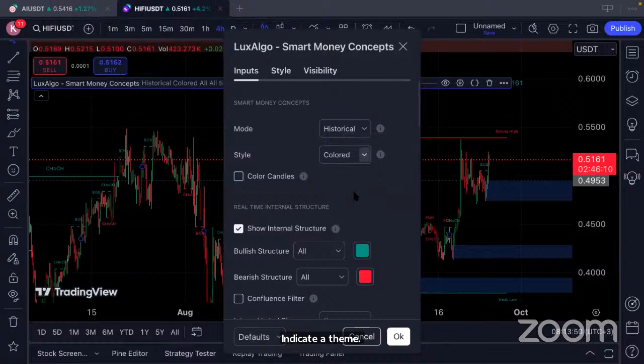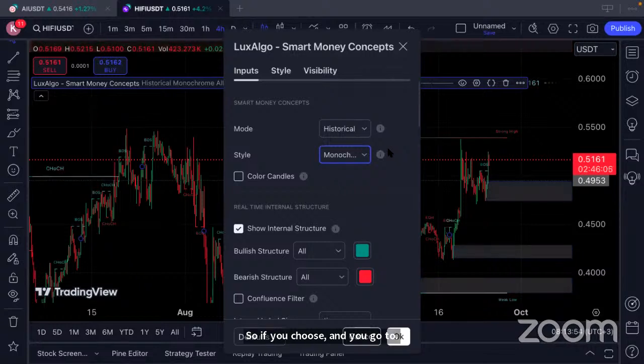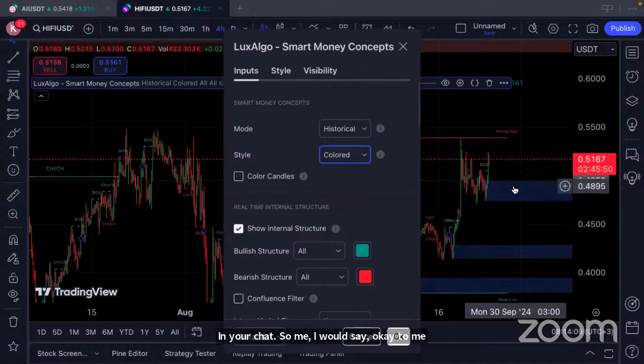So if you choose colored and you go to this type, then it will remove the themes that you have shown below in your chart. Me, I would say colored is okay because it will help you see different colors.